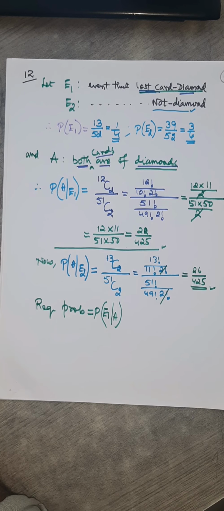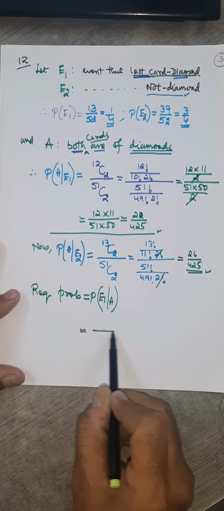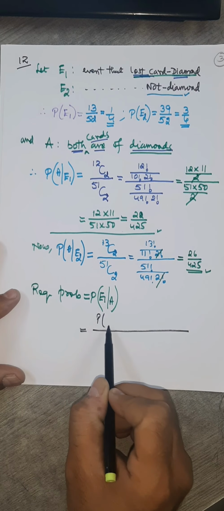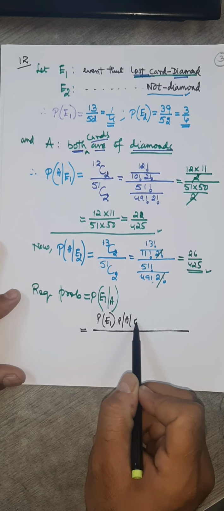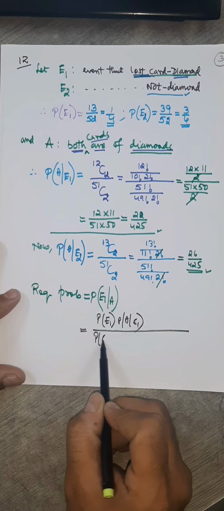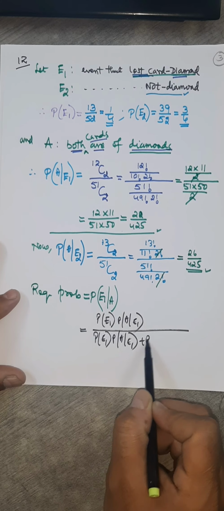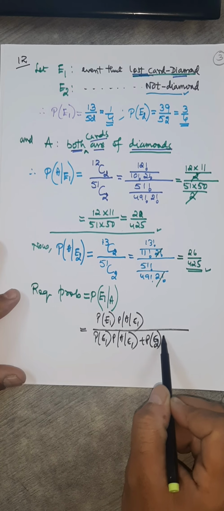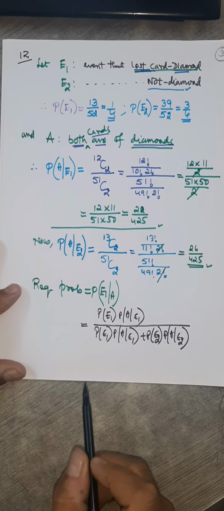Now we just write the formula for this. We know the formula. We have written it a number of times. So P of E1 into P of A over E1, upon P of E1 into P of A over E1 plus P of E2 into P of A over E2. Just put the values.